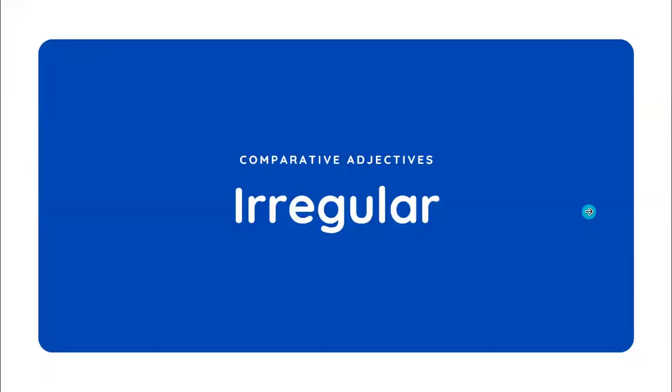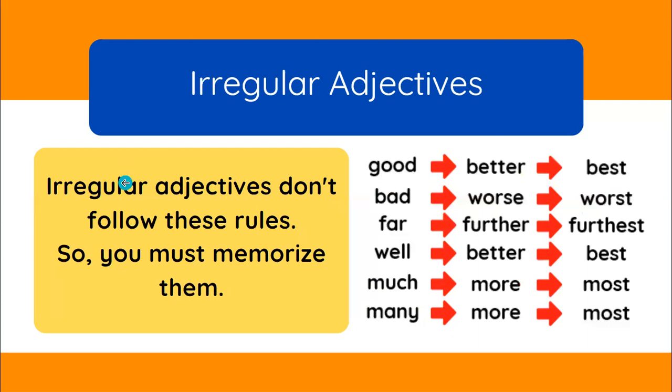Remember that we have irregular ones that change completely. Those adjectives we need to memorize because they don't follow any rule. For example, we have good, better, best. For that reason, we say best friend. That means that the friend is the best one. We have different friends, but we have just one best friend. We also have bad, worse, and worst.